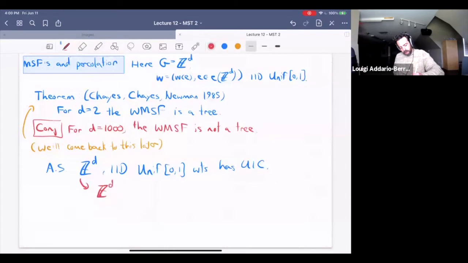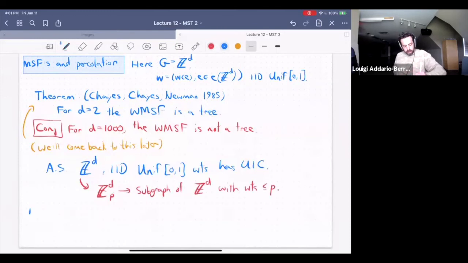So Z^d sub p, right? Because we were writing G sub t for the subgraph of G with weights at most t. So this is the subgraph of Z^d with weights at most p.